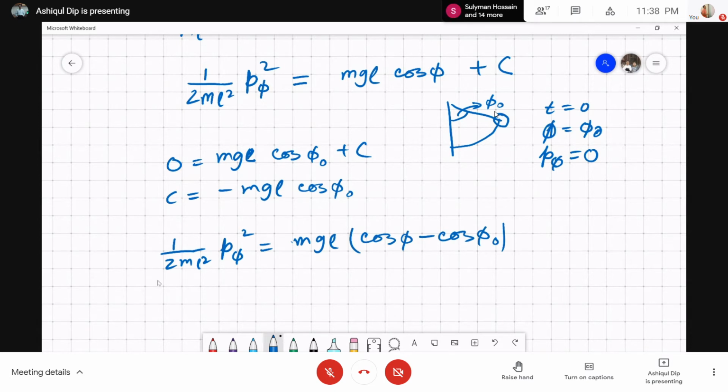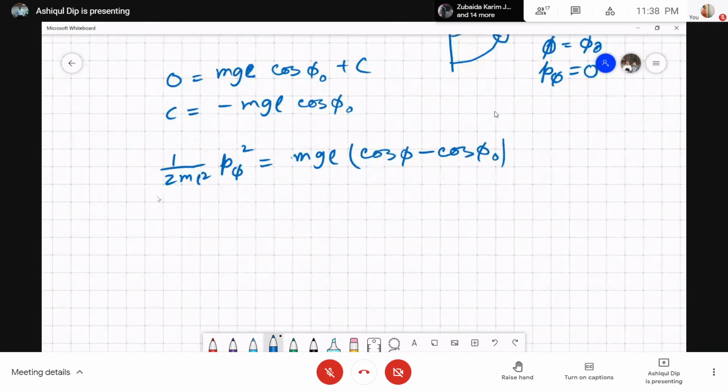Now we are almost done. We can actually substitute what p phi is. So we take the square root and so on. Let's do it. Multiply this thing by 2 and then multiply by m and l squared.